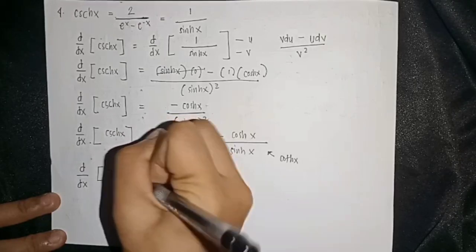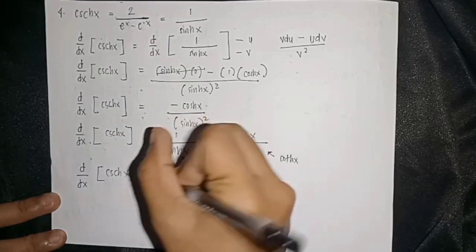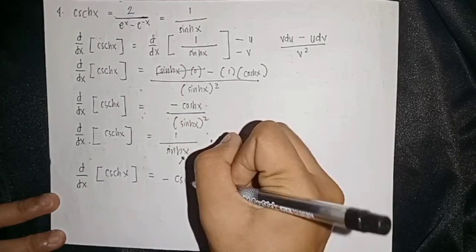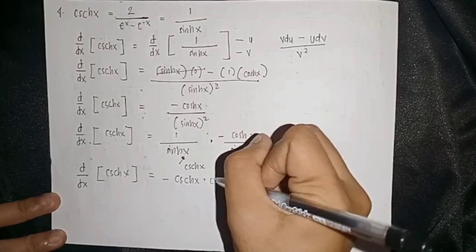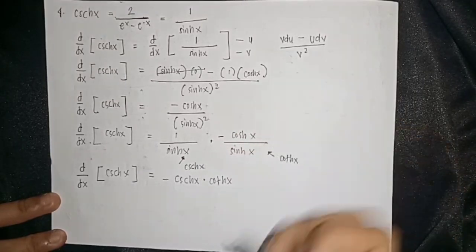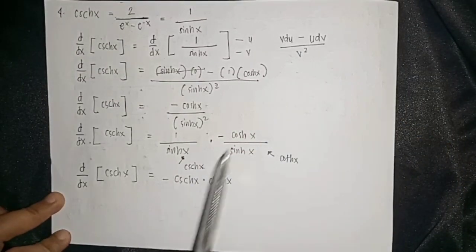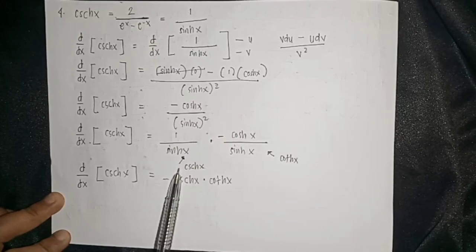In general, the derivative of hyperbolic cosecant x with respect to x is equal to negative hyperbolic cosecant x times hyperbolic cotangent x.